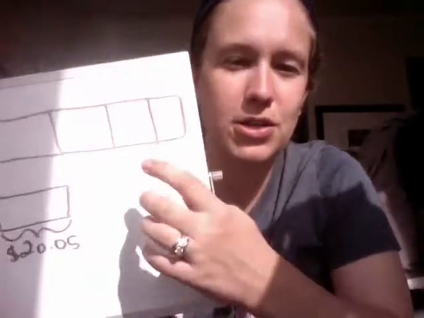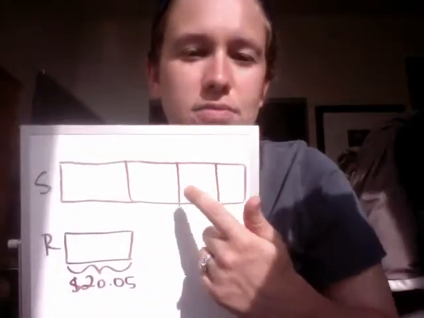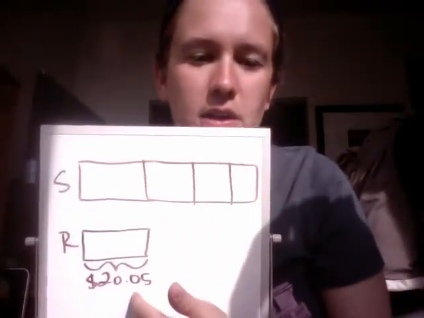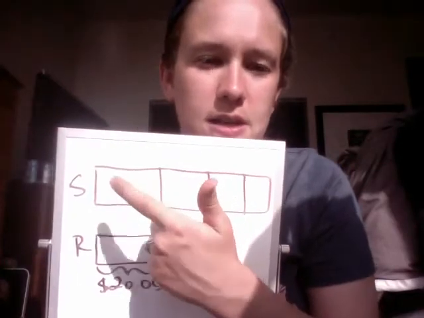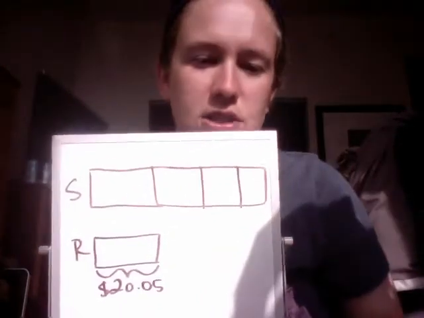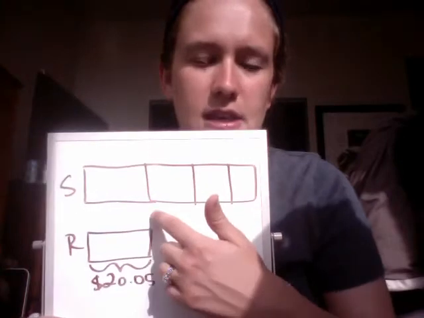But I know that Susan saved 4 times as much. So I'm going to draw a longer graph here. I know my parts aren't equal, but they should be. It's just bad drawing. So one of these parts is $20.05, just like Rachel's.